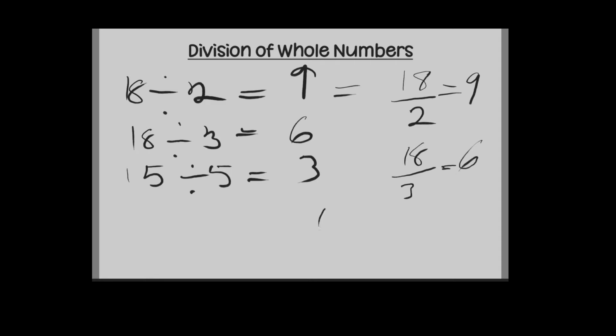And 15 divided by 5 is 3. That is one way to write it, and because we're doing whole numbers, we're going to write it this way. But I'm also going to show you another way it can be written. So how do we know that 18 divided by 2 is 9?